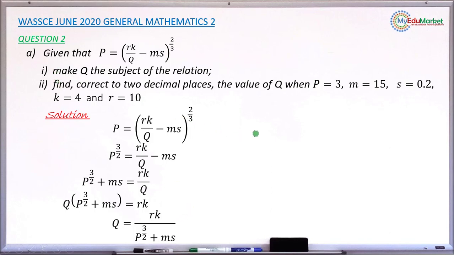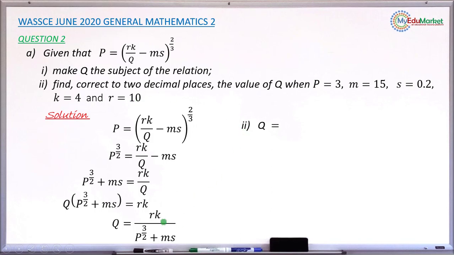We move to question Roman 2, where we are asked to find the value of Q correct to two decimal places, with P now 3, M is 15, S is 0.2, K is 4, and R is 10.